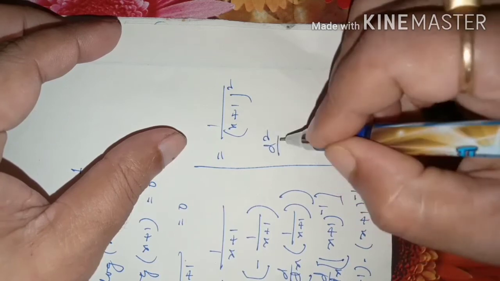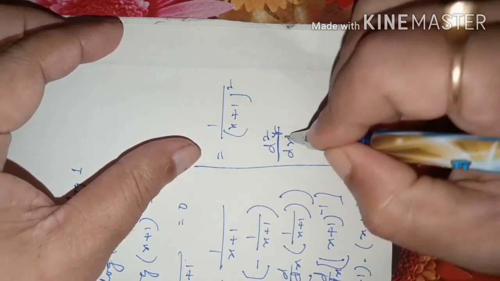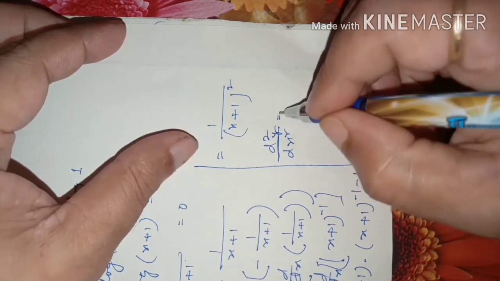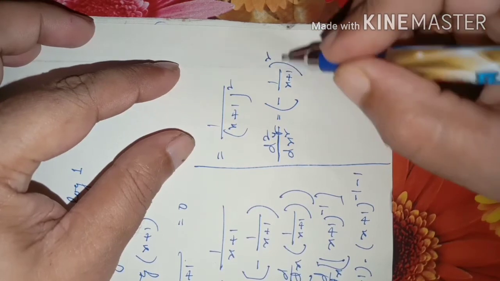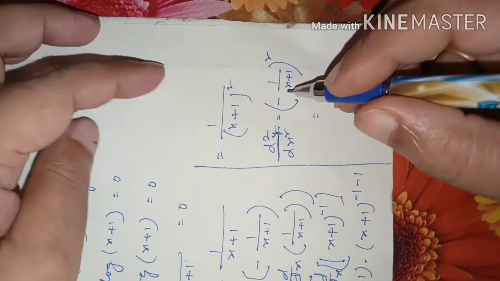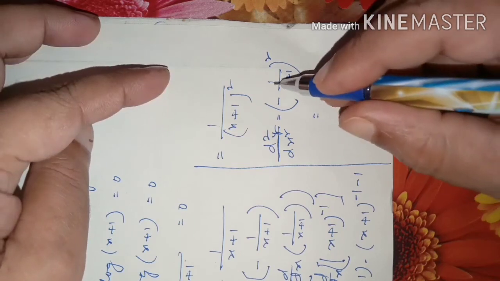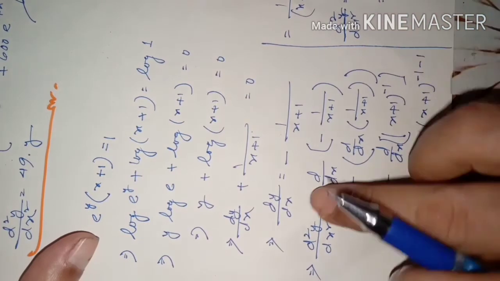So d2y by dx square can also be written as minus 1 by x plus 1 the whole square, because if you square negative it will become positive only. So the benefit of this writing is that minus 1 by x plus 1 is actually dy by dx.